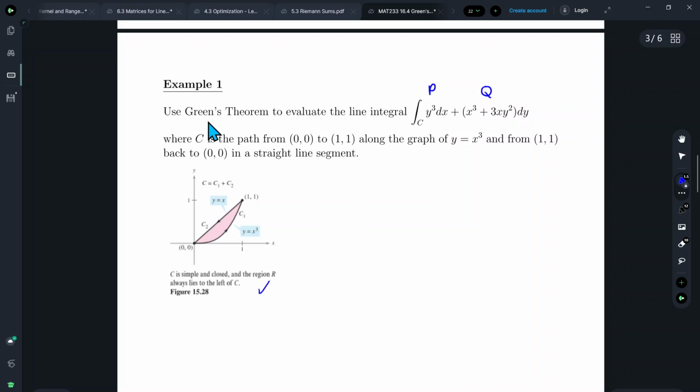So when we apply Green's theorem, we're going to calculate a double integral instead of the line integral. So we don't necessarily have to parameterize the curve C, right? So what we need to do is to describe the region R, which is the interior region.